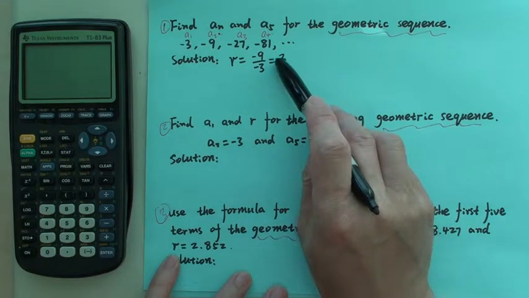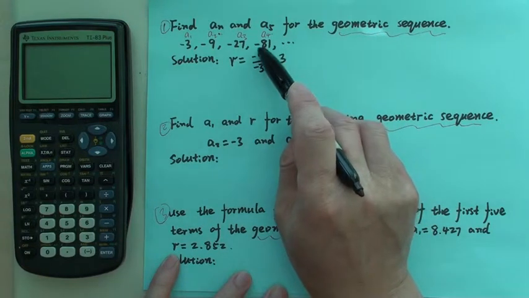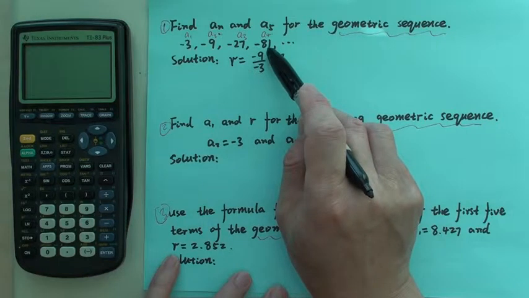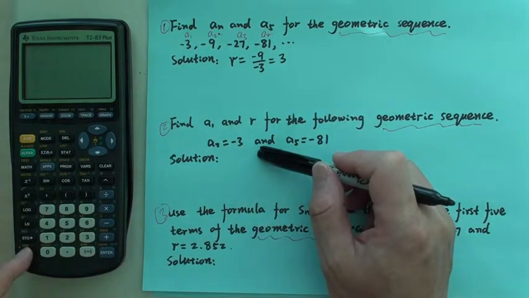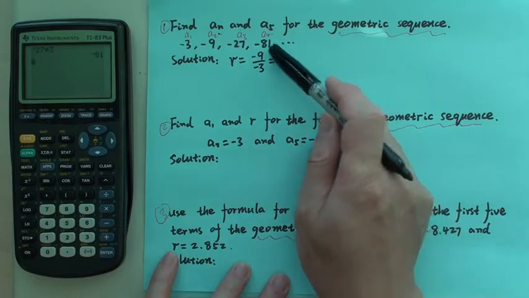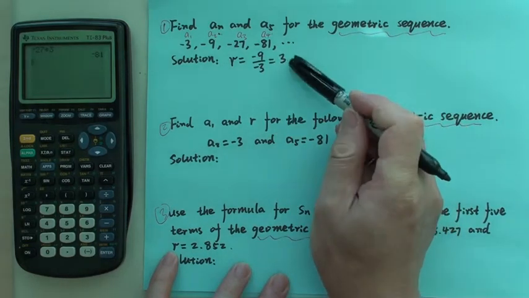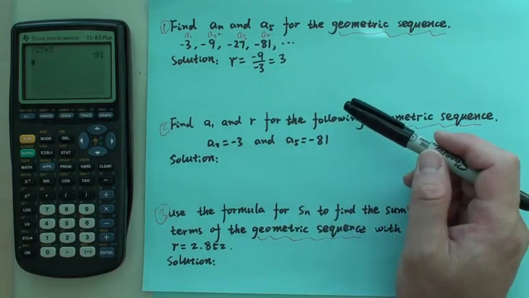If you use another 3 times negative 27, you have a negative 81. Negative 27 times 3 is negative 81. So it's not hard for you to figure out a fifth.